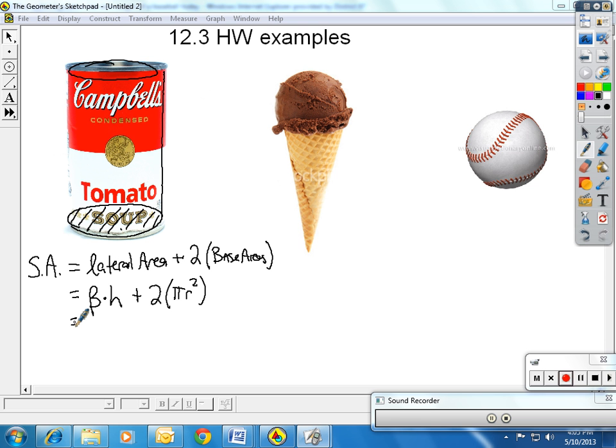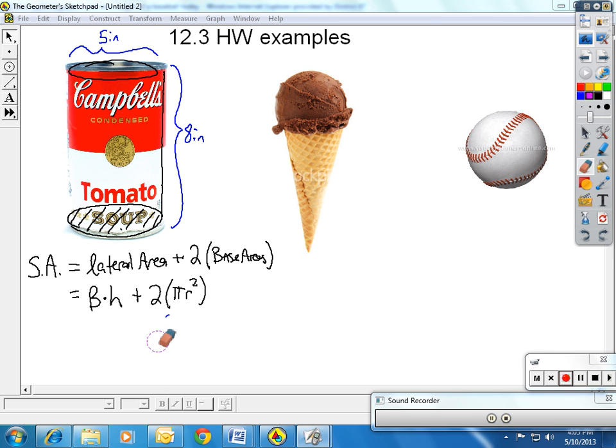If you were given information like this soup can, suppose this soup can was 5 inches in diameter and had a height of 8 inches, then I think without too much trouble you should be able to find the surface area by finding the area of the base, which is pi r squared, and multiplying it by the height, which is 8, adding it to twice pi, and then the radius there is 2.5. So I'll leave that and move on to something that you haven't seen before.